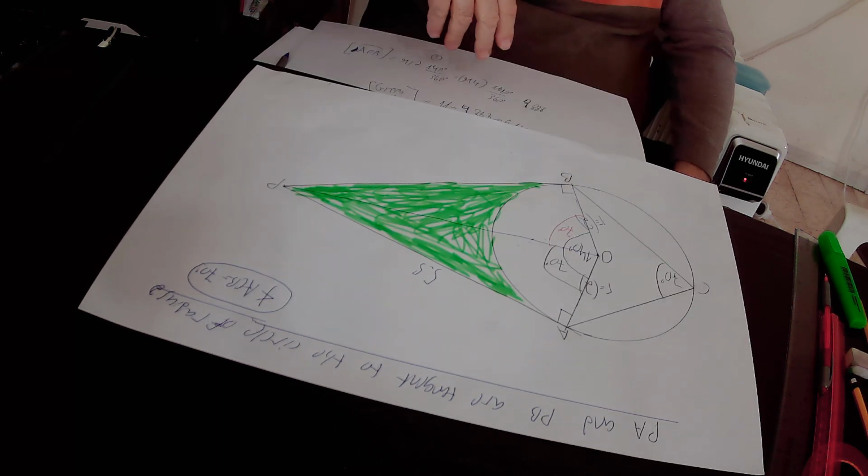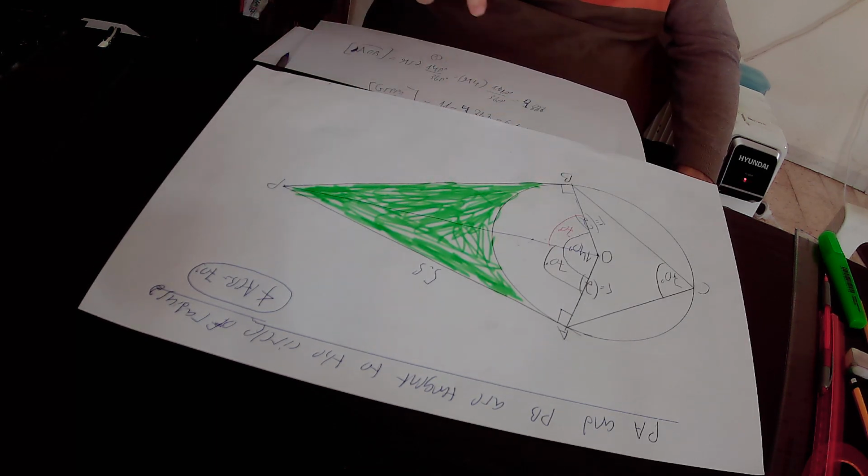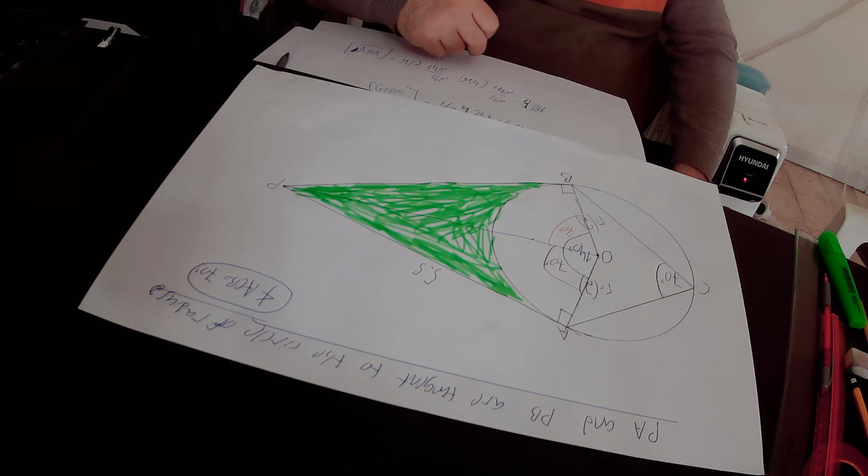In conclusion, the area of this green shape is equal to 6.111 square units. Okay, thank you very much.